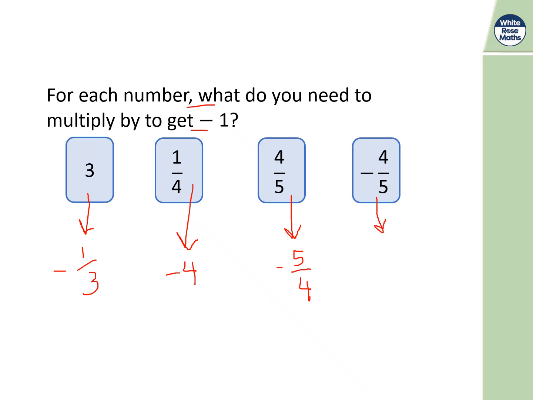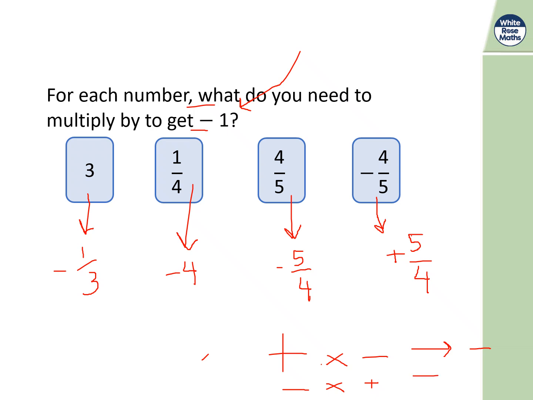Be careful this time. This becomes positive 5/4. So remember, one is positive, one is negative, one is negative, one is positive. It has to always multiply to make minus 1, so you have to have that change in sign. A positive times a negative makes a negative, and a negative times a positive makes a negative.